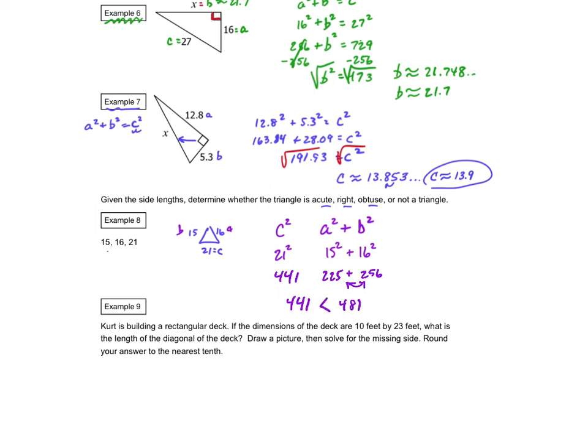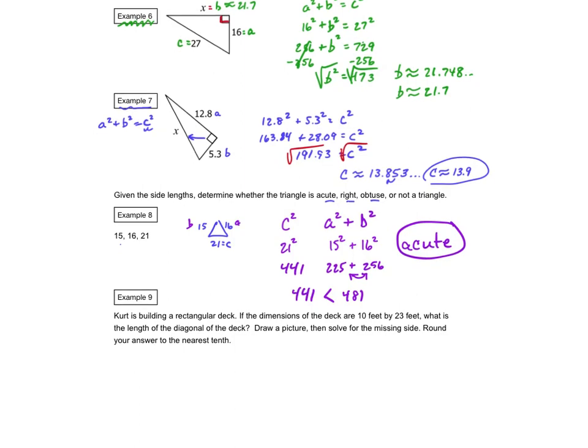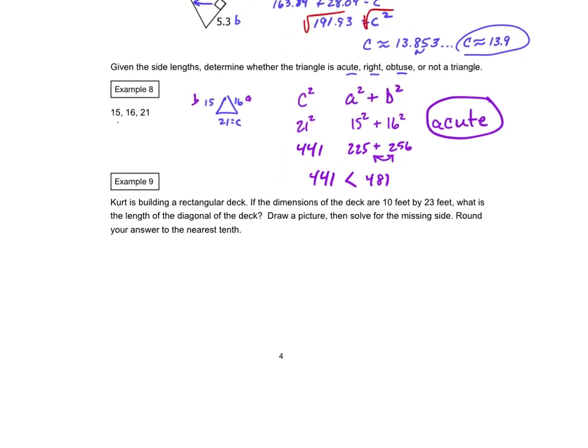So the sum of the squares of the smaller two sides is greater than the longest side squared, which makes it an acute triangle. We have an acute triangle. So we were able to just plug that information in here and find out if it was going to be acute, right, or obtuse.